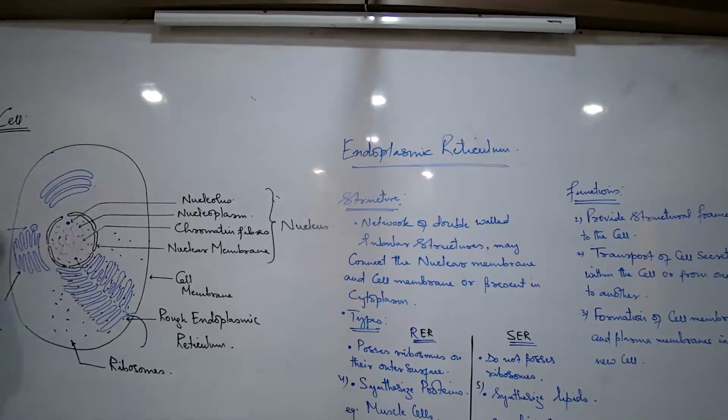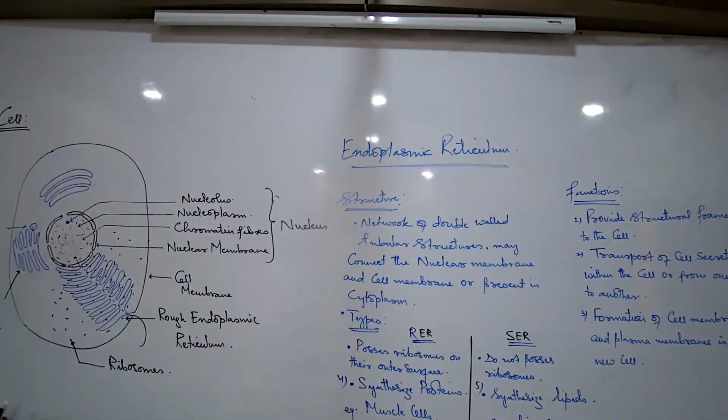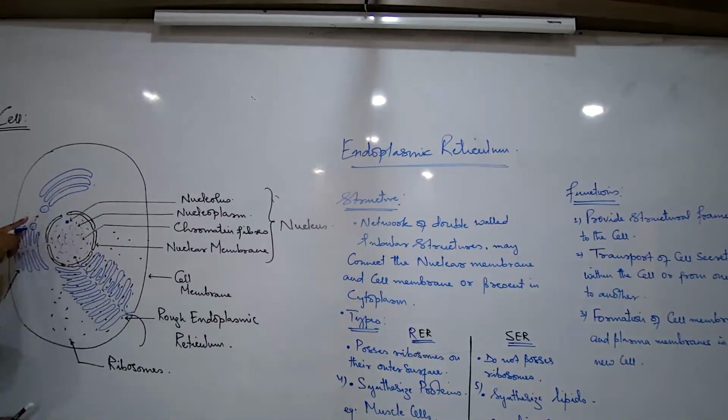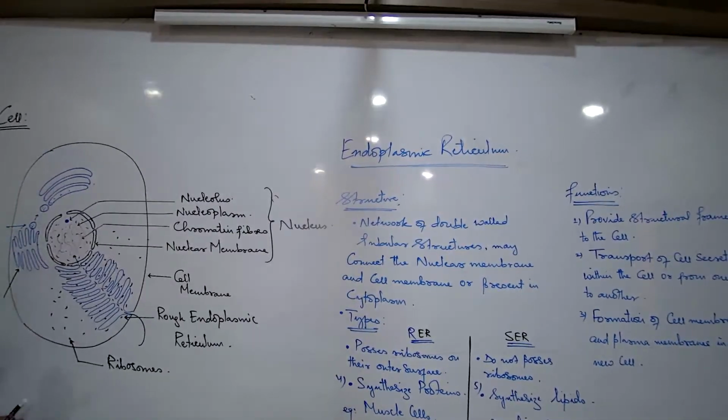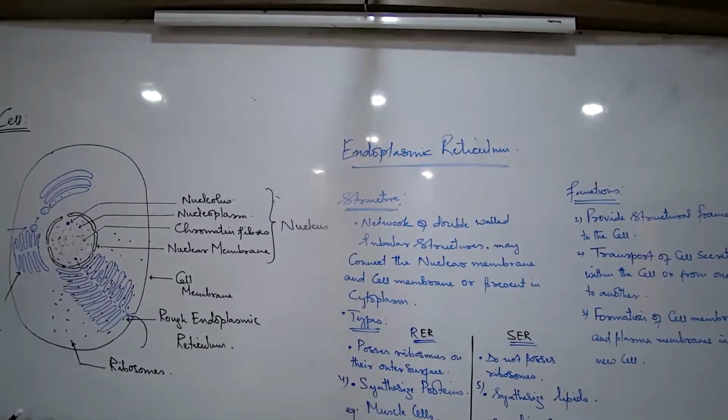Small packets. What do we call the packets? Vesicles. So these vesicles will now move towards the Golgi, fuse with the Golgi, and then the secretion will enter the Golgi for processing. They would be carried by vesicles.